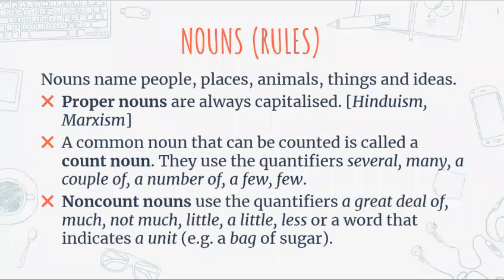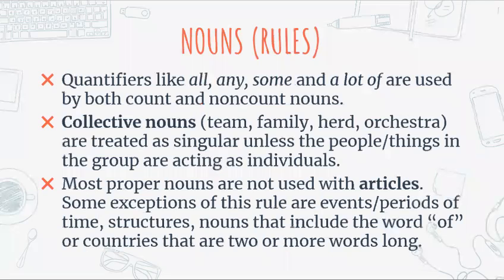In my experience, furniture was one thing that caught me off guard while doing my English course. Apart from that, quantifiers like all, any, some, and a lot of are used with both count and non-count nouns. And generally, non-count nouns do not have a plural form, so watch out for that.